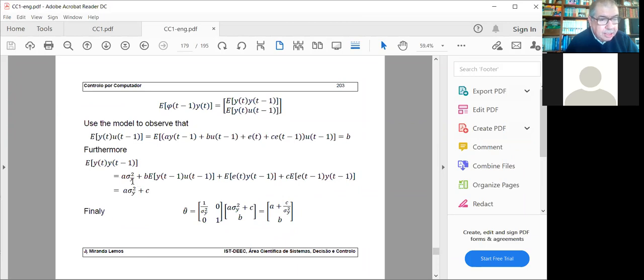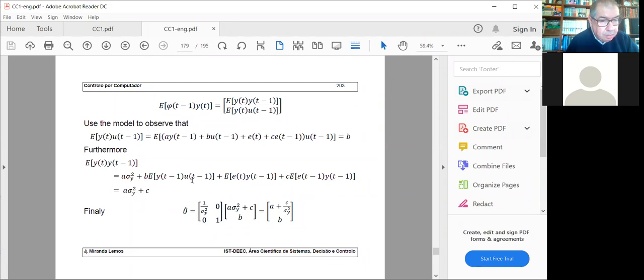So y of t minus 1, and then I have a y of t minus 1. That's a sigma squared of y, that's the expectation of y squared at t minus 1. I'm working in steady state, so I just assume that the expected value of y squared is this constant sigma y squared. Then I have b, expectation of y of t minus 1 u of t minus 1.